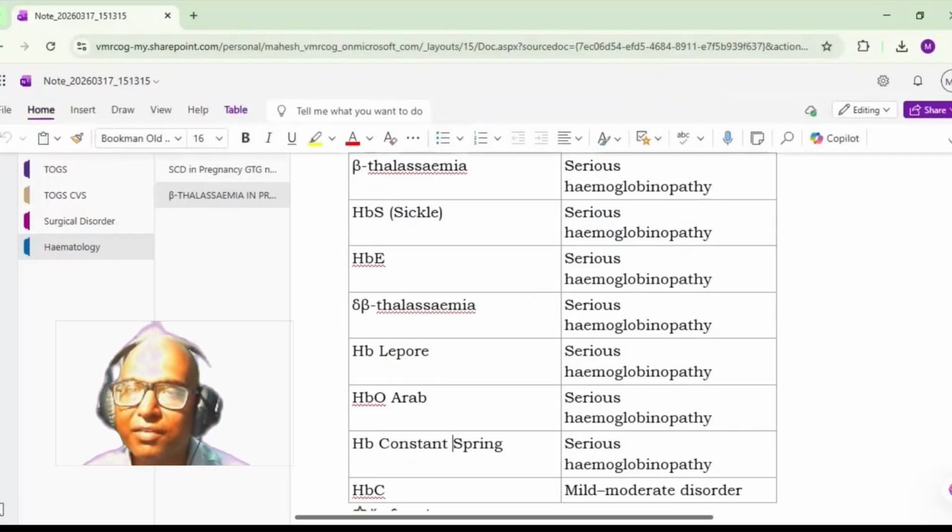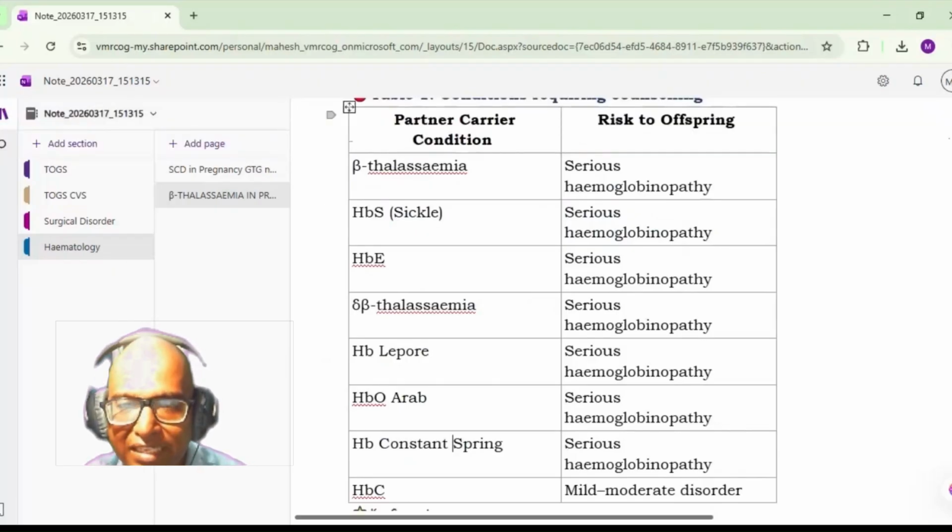If the partner is a carrier for this particular condition, then there is a risk of serious hemoglobinopathy. If the partner is HbC, then there is a mild to moderate disorder, while for the rest of the hemoglobinopathies, whether the partner is a carrier for beta thalassemia, HbS, HbE, delta beta thalassemia, Hb Lepore, HbO Arab, or Hb Constant Spring, there is a risk of serious hemoglobinopathy to the offspring.